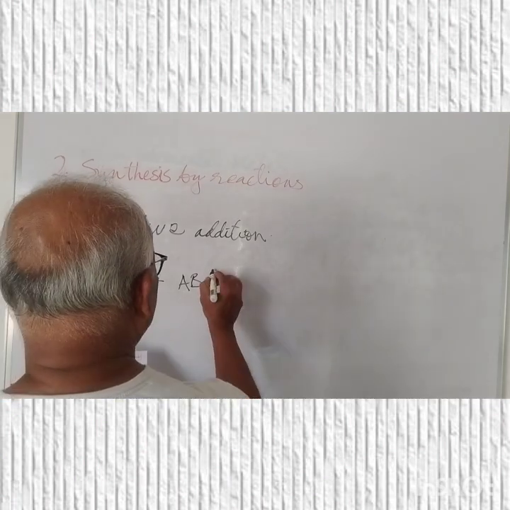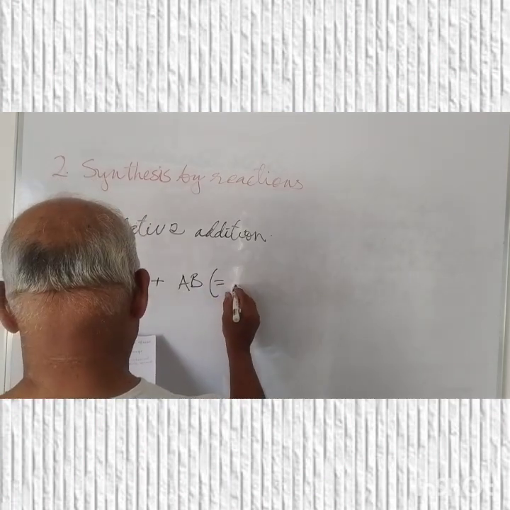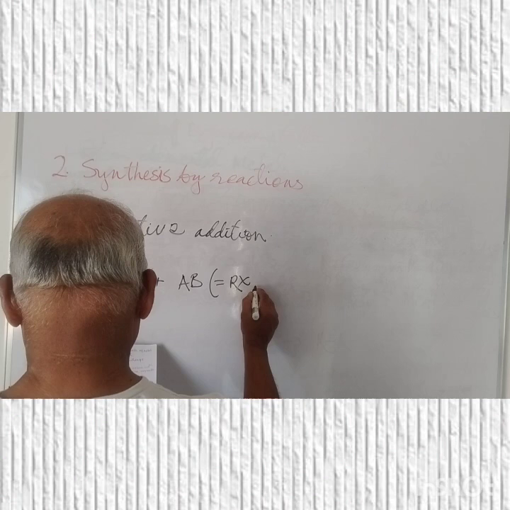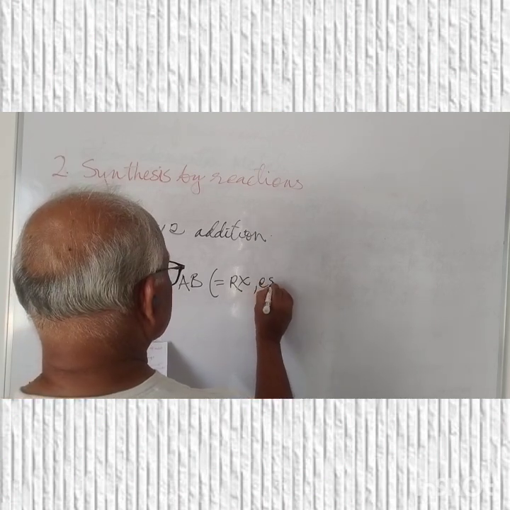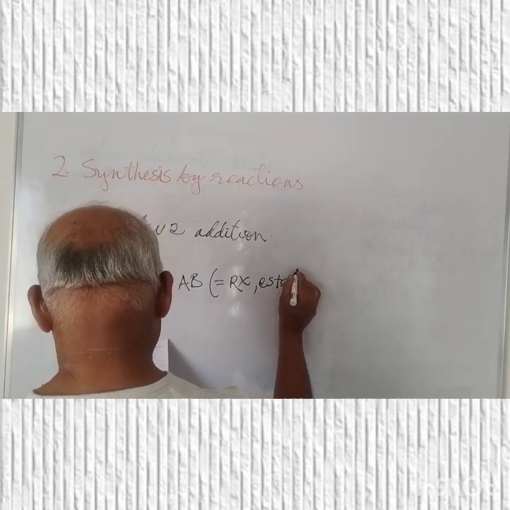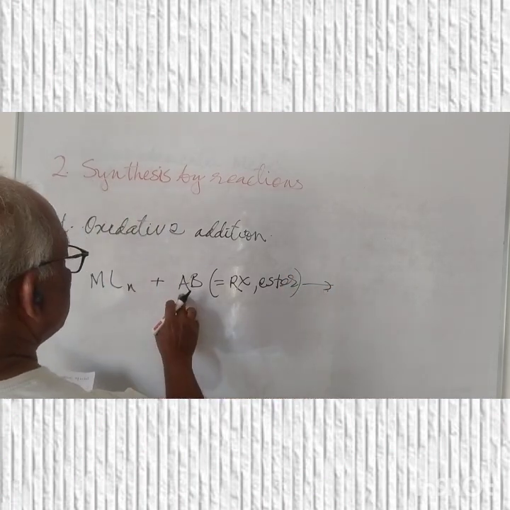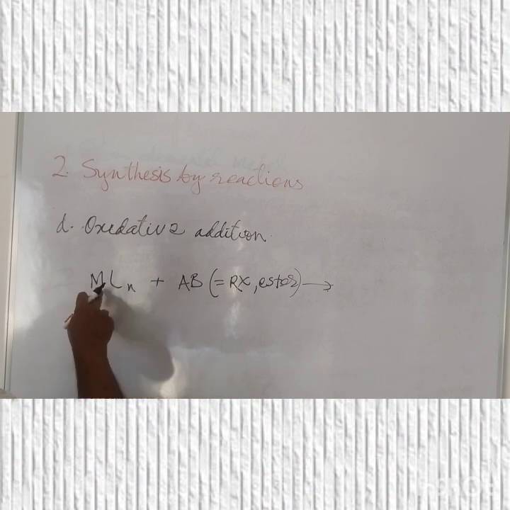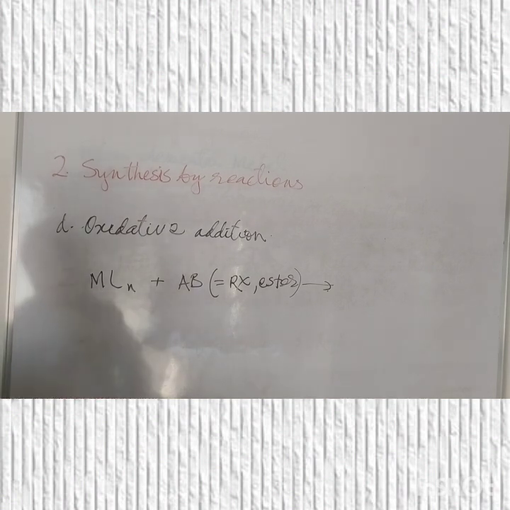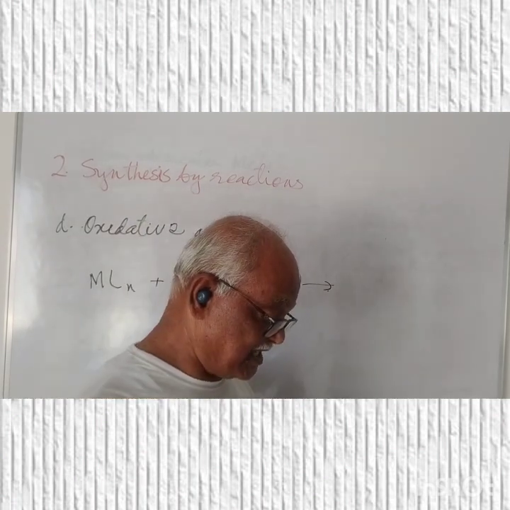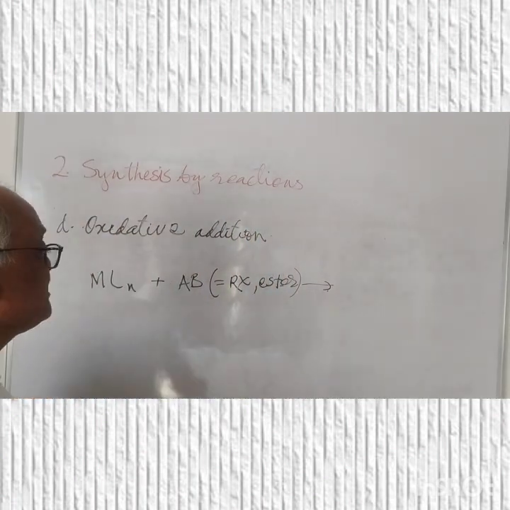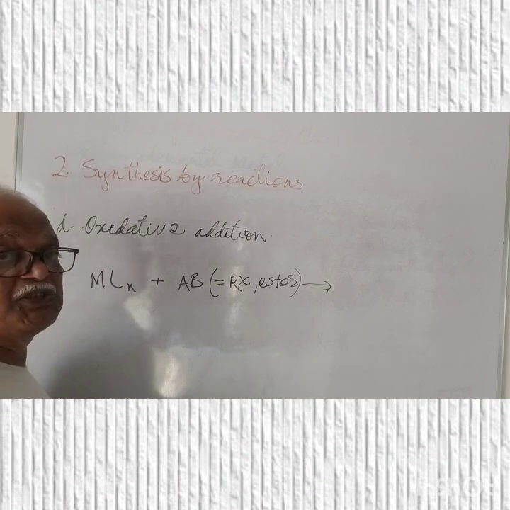So here AB can be RX or ester, etc. So after addition of AB to this complex, the oxidation state of the metal is increased. Because of this, the metal here should be in lower oxidation state. Otherwise, we cannot get this oxidative addition product.